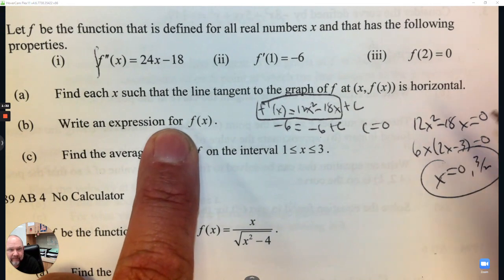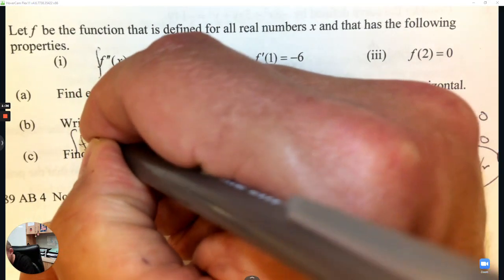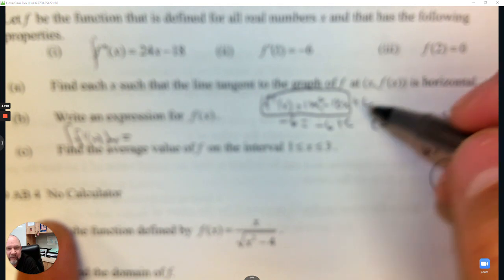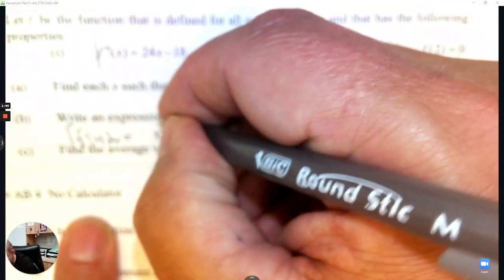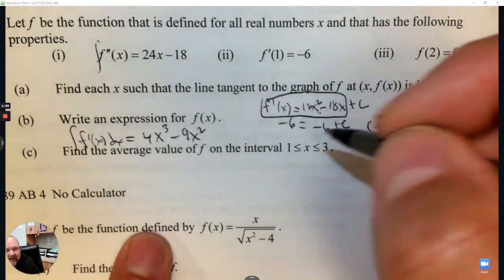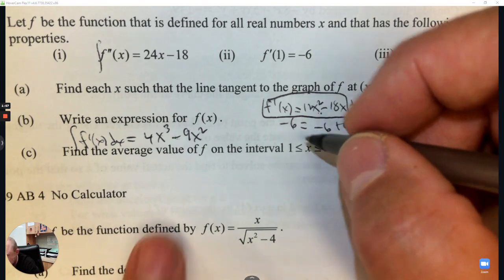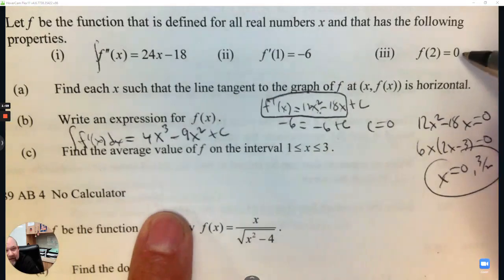Find f of x. So we're going to integrate this for f of x. If I integrate the derivative, that gives me f of x. Again, I'm going to add 1 to the exponent. So that's x cubed, and then divide. 12 divided by 3 is 4. Add 1 to the exponent, divide. That gives me 9. So 18 divided by 2 is 9. And then plus c again. Again, I'm going to plug in here.